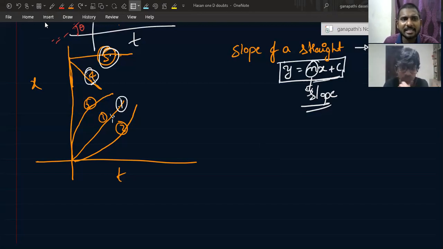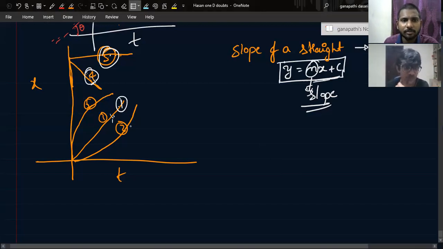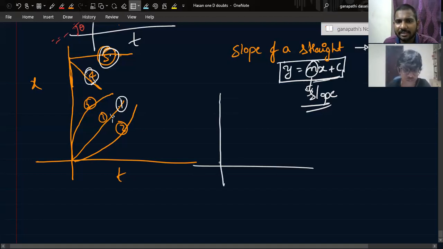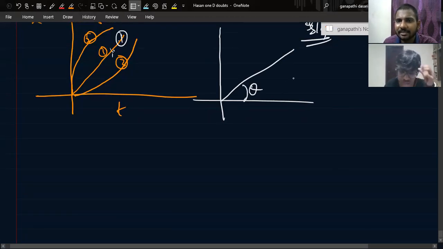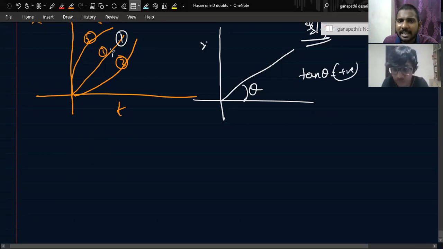Hassan, you see these 3 are straight lines. The first line has a positive slope, tan theta is positive. That means for a given x-t graph, if the graph is of this sort, tan theta is positive, so dx by dt is positive. And it is a straight line, so the slope is constant. That means velocity is constant and positive.